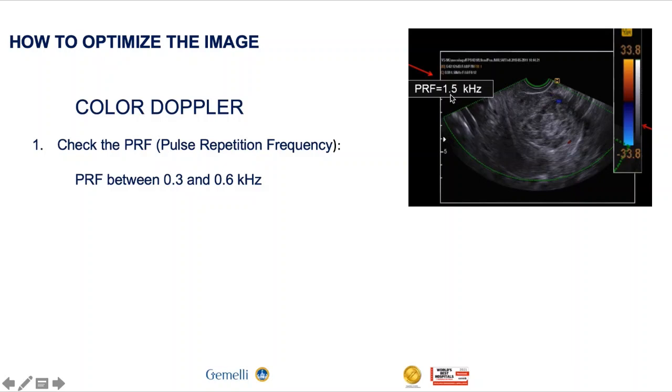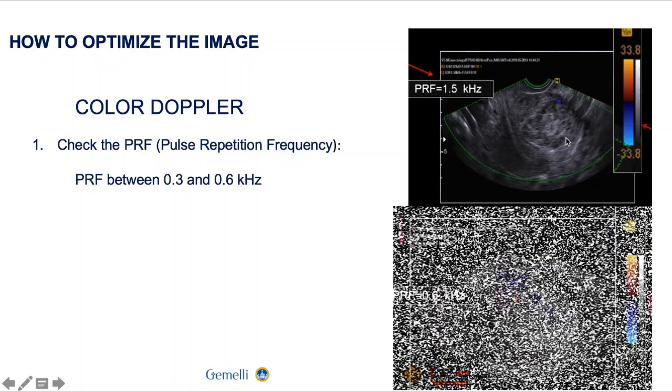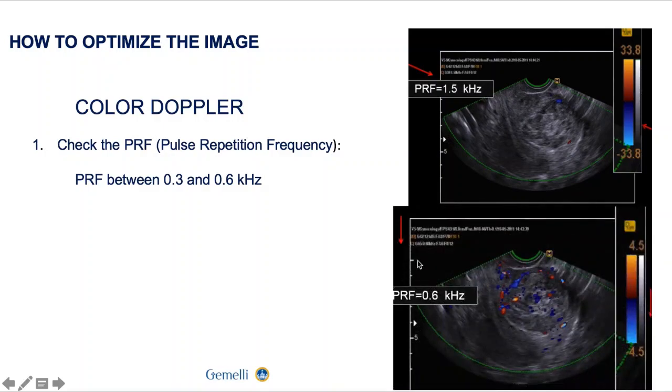The PRF is 1.5 and no vessels are visible. However, if I put the PRF at 0.6, we can recognize some vessels. This is the right PRF.